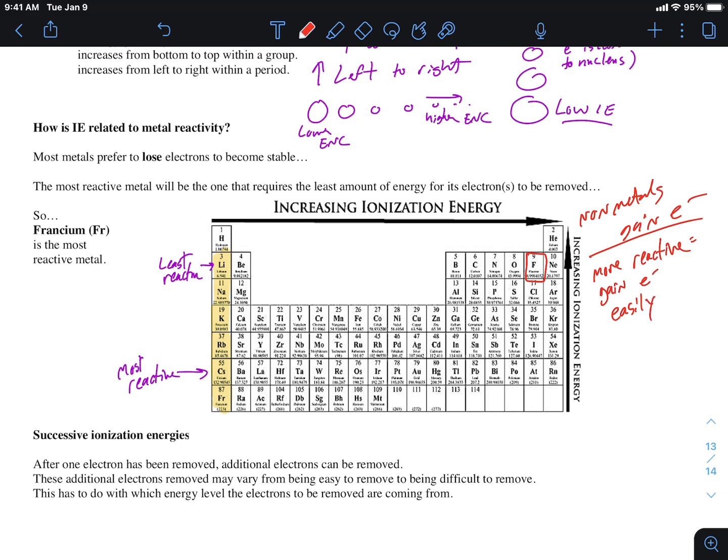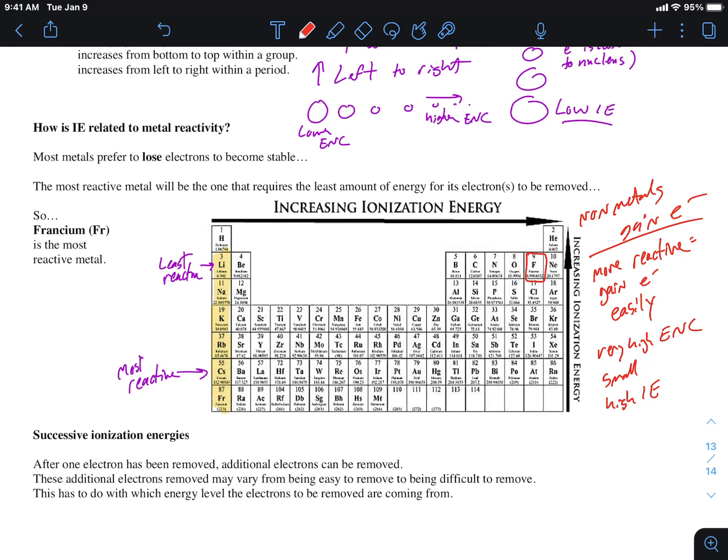Fluorine is the best. Fluorine is the most reactive nonmetal. What do we know about fluorine? Well, it's got very high effective nuclear charge. It's small and has high ionization energy.